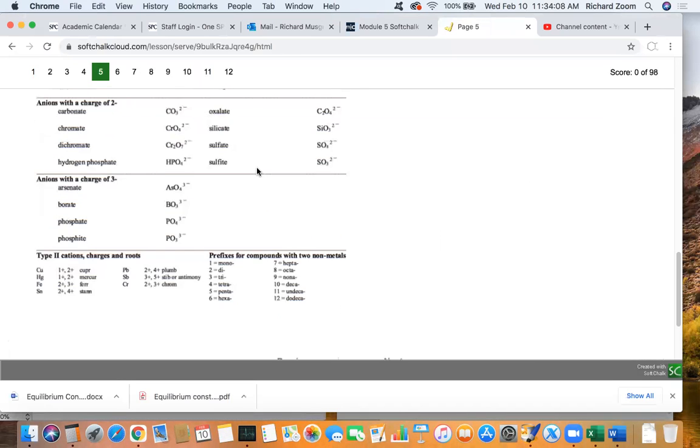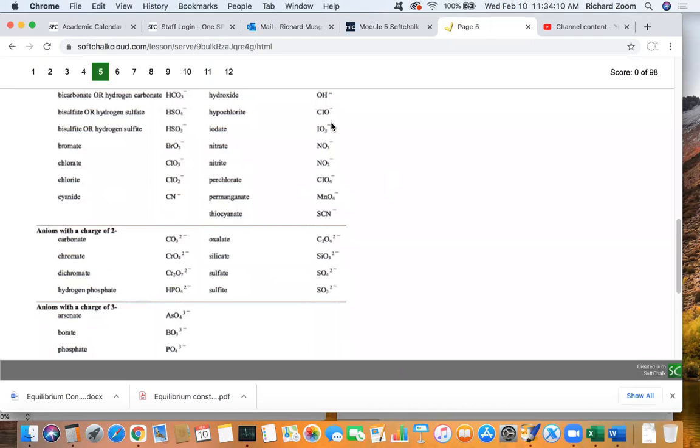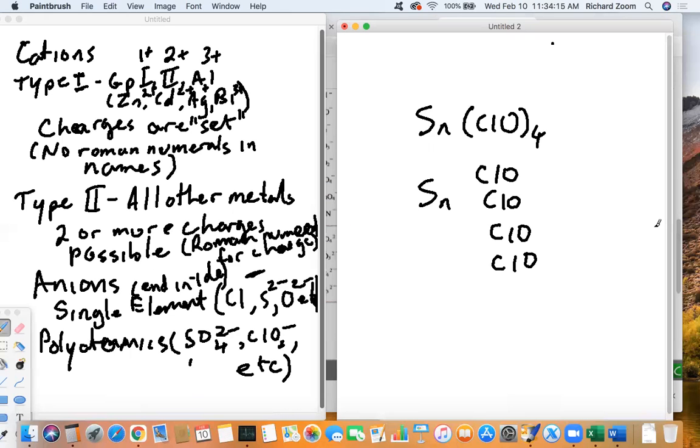The charge on ClO is hypochlorite. That's going to be -1 from the chart. That's a total of -4. In order to match, this has to be +4. So tin has to be +4.